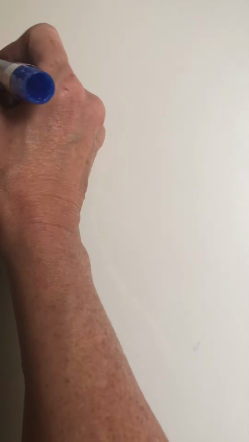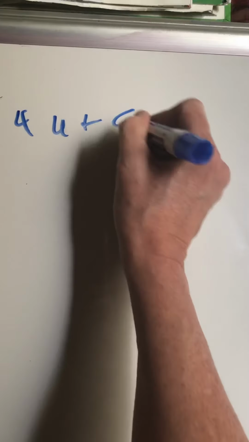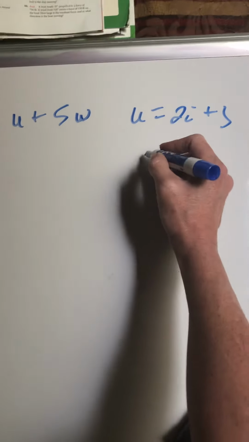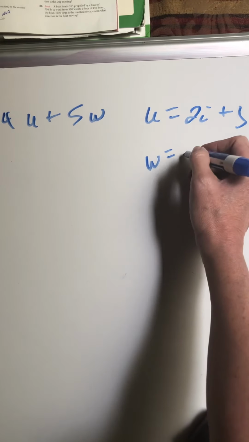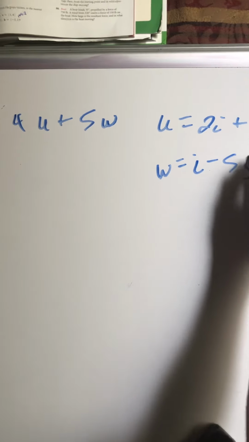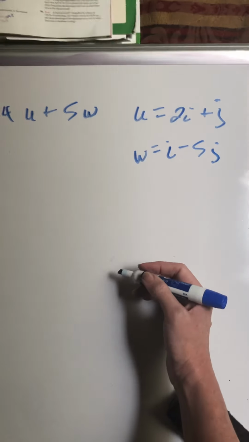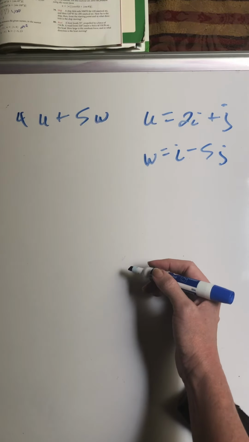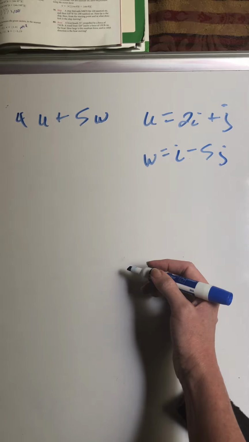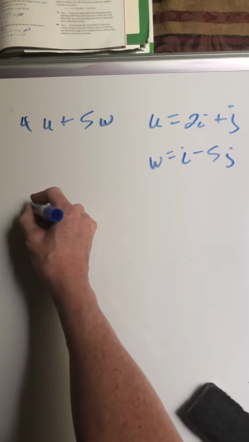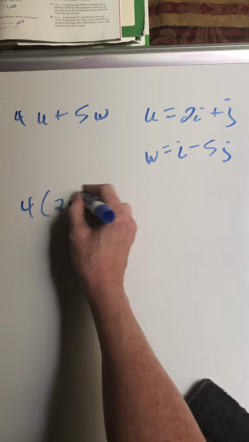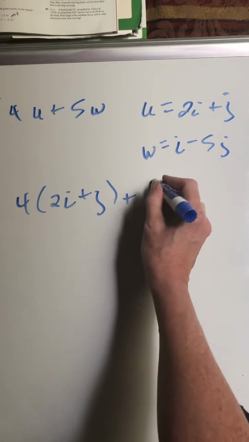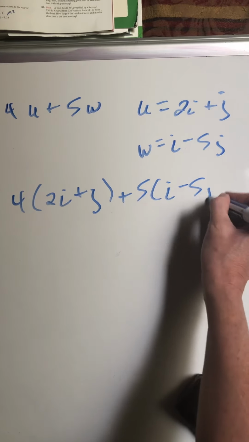Let's see, I've got 4u plus 5w, where u is 2i plus j, and w is i minus 5j. So 4u, so 4 times 2i plus j plus 5 times i minus 5j.